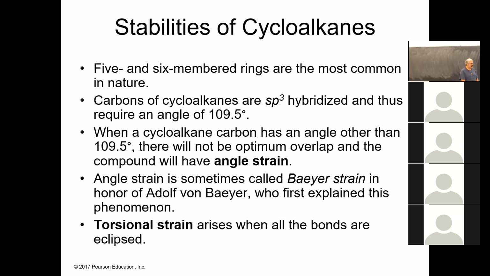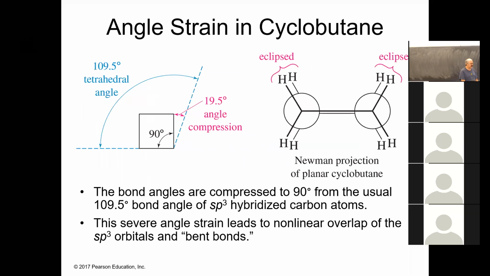We talked about the two kinds of strain that can exist in cyclic compounds: torsional strain and angle strain. And there's also a third one, called steric strain.